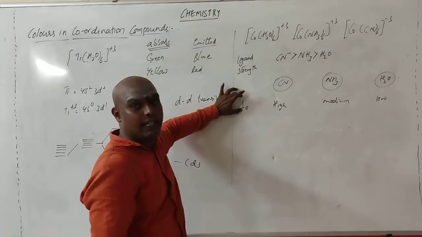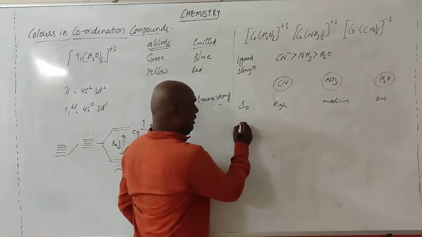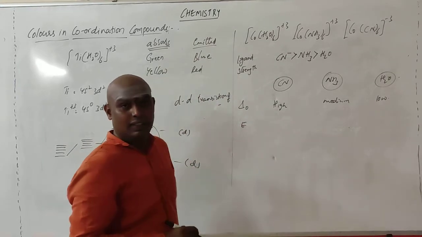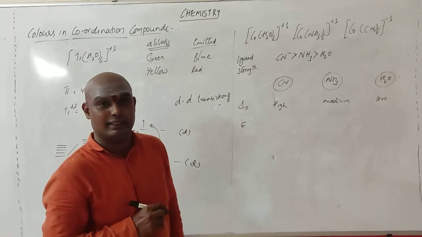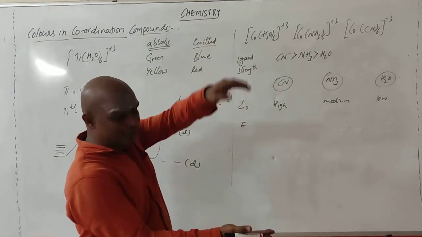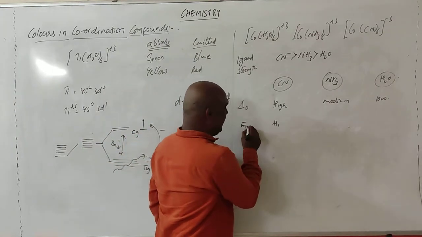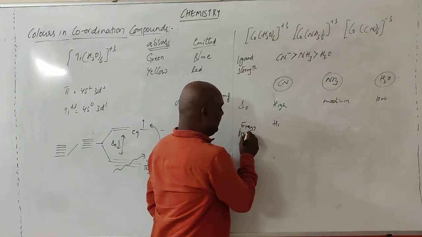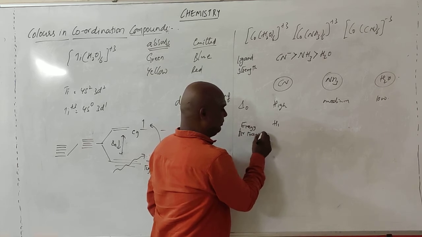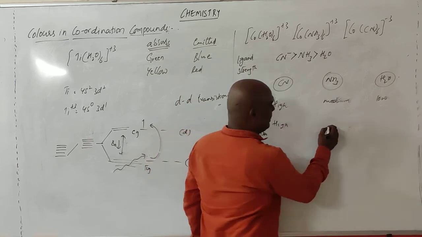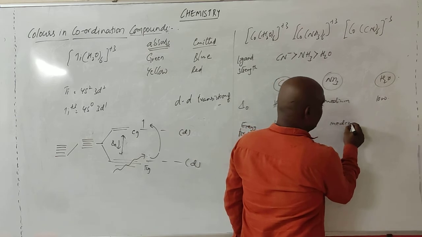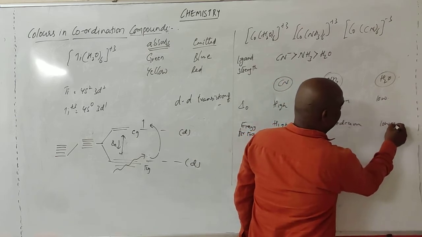Which one requires the highest energy for shifting? The more the difference, the more energy is required to shift it. So energy for transition is higher here, this is somewhat medium, this is lower.